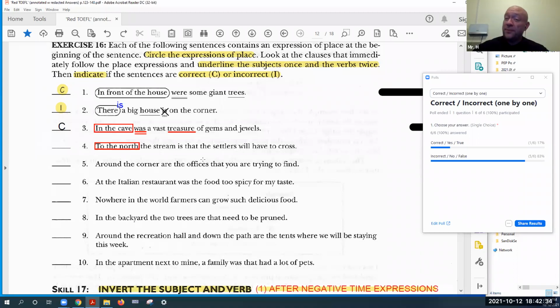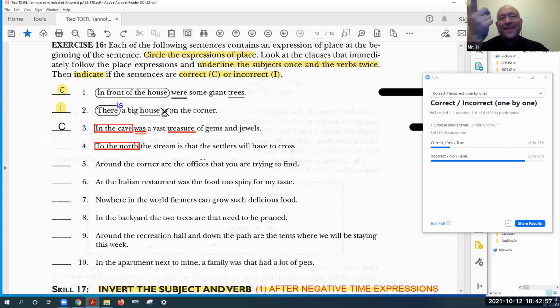Yes. What's the preposition? To. And how about north? What is north? It's the object of a preposition.